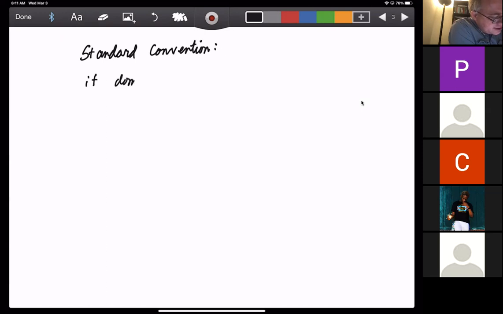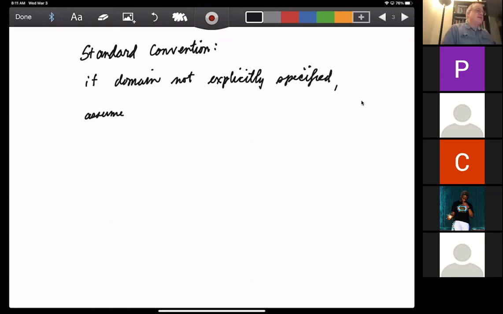If the domain is not specified explicitly, you should assume that it is as big as possible.